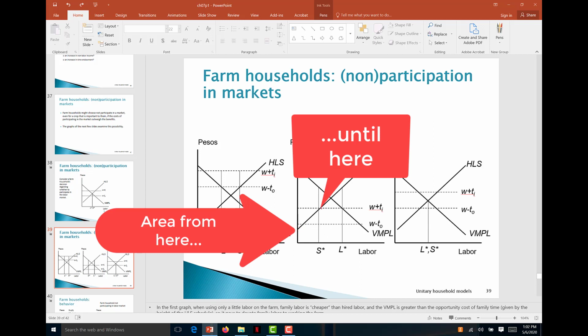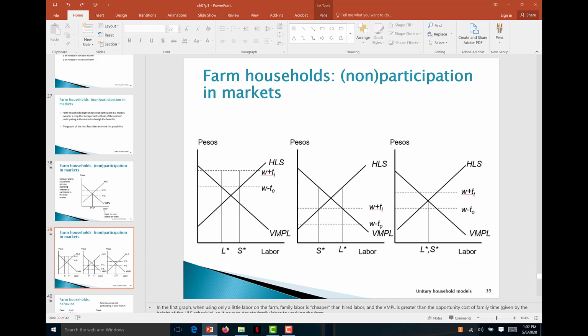in this area, the household labor supply is not only below the value marginal productivity of labor, but it's also lower than the W plus TI, what is effectively going to be the cost for the family of hiring labor. So the first S units of labor, the family chooses to work themselves in the farm. However, beyond that point, they rather just hire someone to work for them. Why?